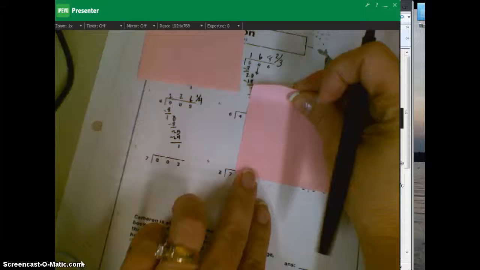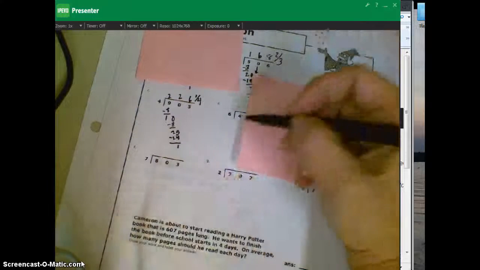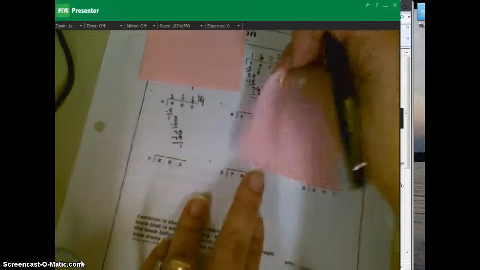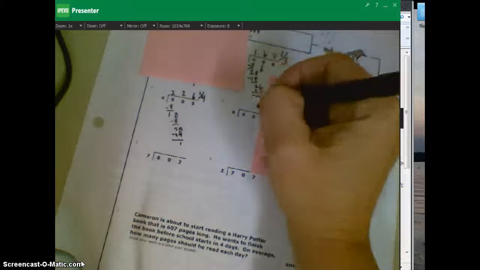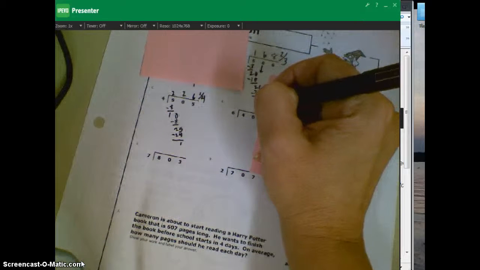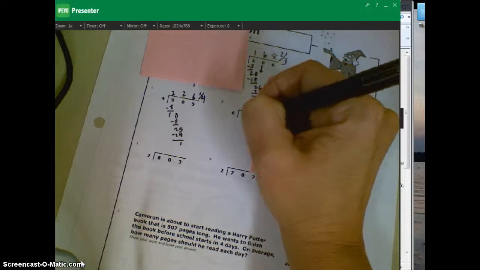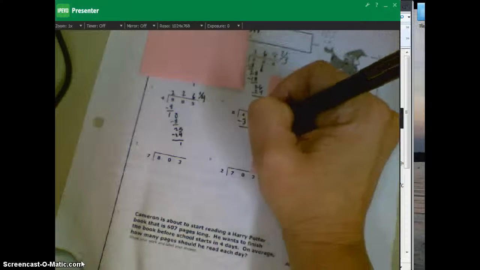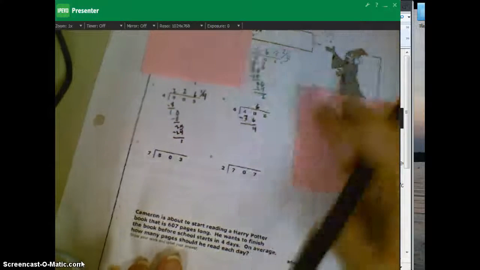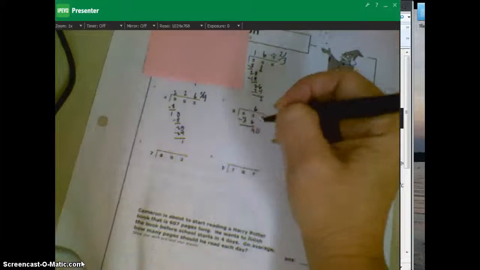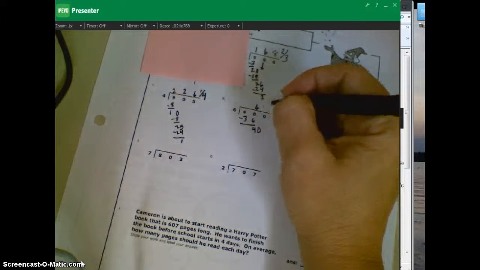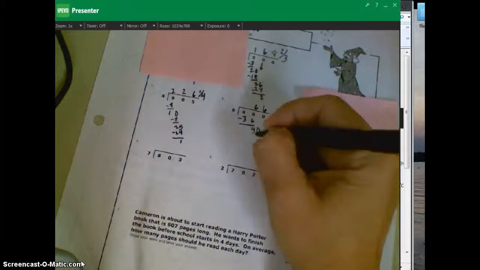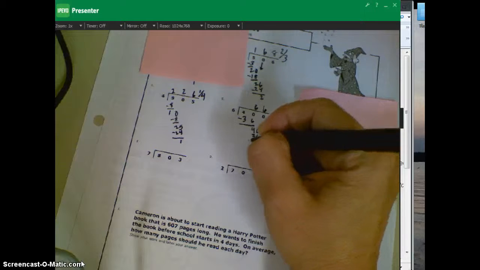Moving over here. 6 goes into 4. It can't. It's too small, so we have to move over right away. And we'll say 6 times 6 is 36. Get a remainder of 4. Bring down your next digit, 0. 6 into 40, we'll go with a 6 again. 6 times 6 is 36.